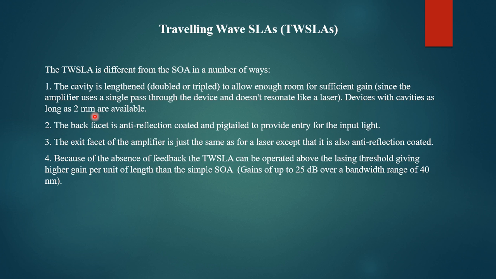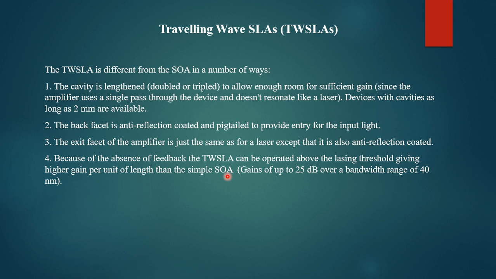Devices whose cavities are as long as 2 mm are available. The back facet is anti-reflection coated and pigtailed to provide entry of the input light. The exit facet of the amplifier is just the same as the laser except that it is also anti-reflection coated. Because of the absence of feedback, the TWSL can be operated over the lasing threshold, giving higher gain per unit length than the simple SOA.